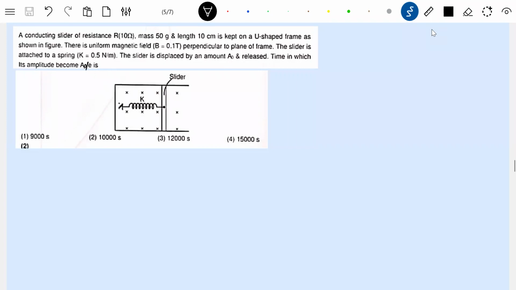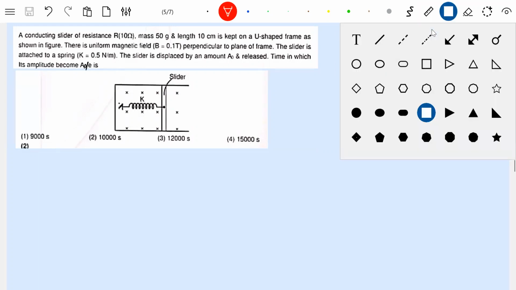The slider is attached to the spring, displaced by an amount A naught and released. Okay, I'll display this A naught and released. What are the forces that will be acting? Spring force, then as it starts moving, BIL force. A little bit of SHM idea here.